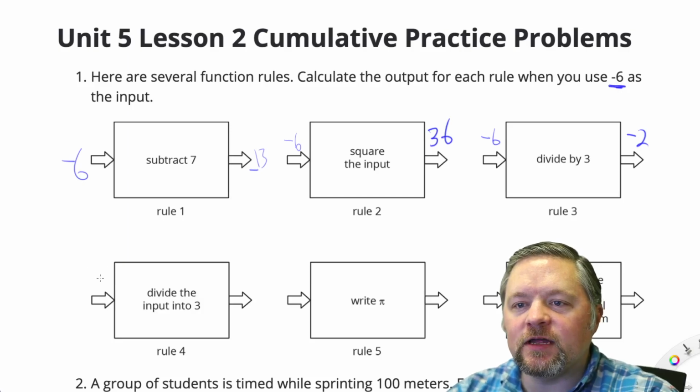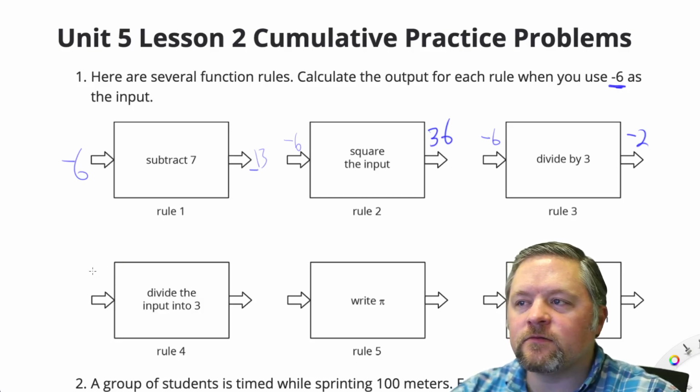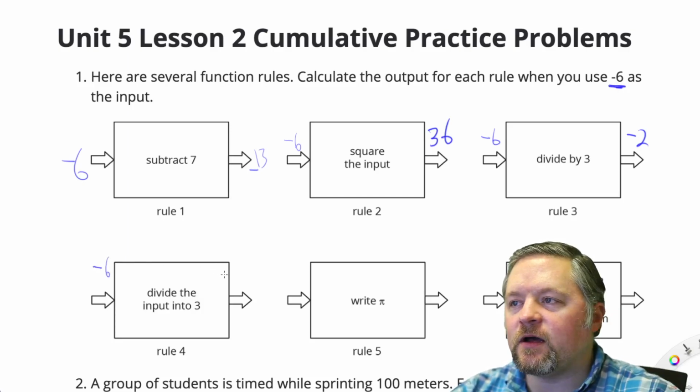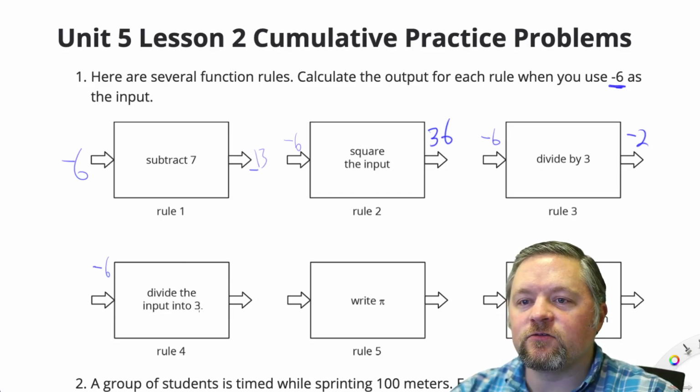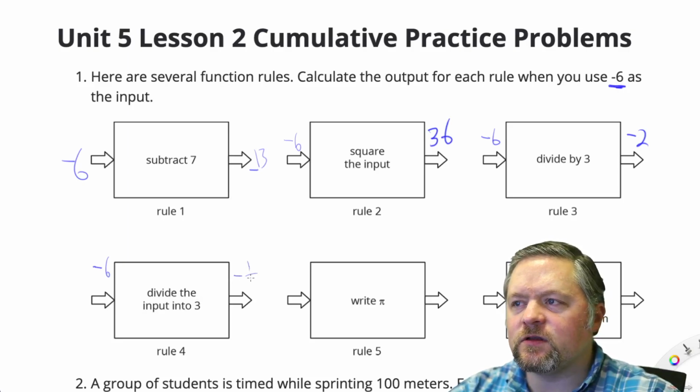Divide the input into 3. So that's 3 divided by negative 6, which is negative 1/2.